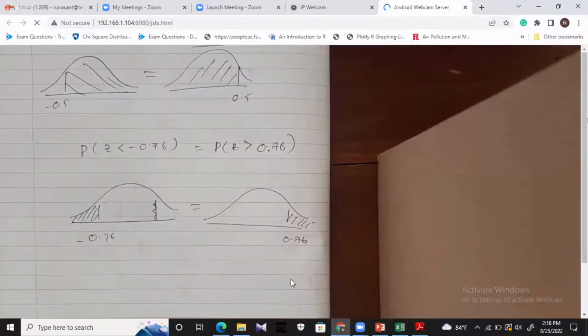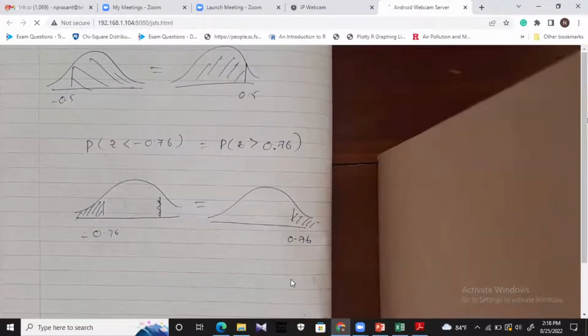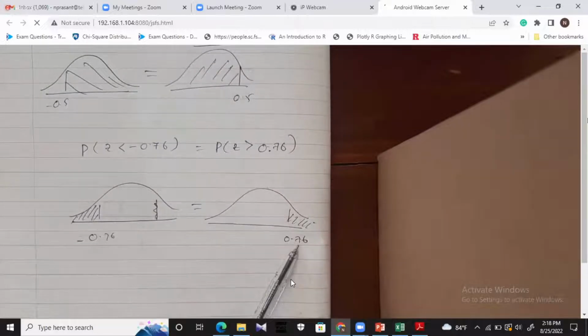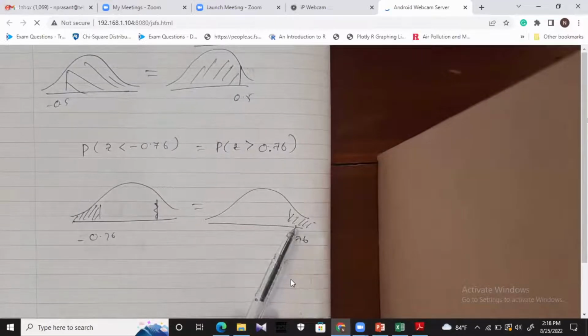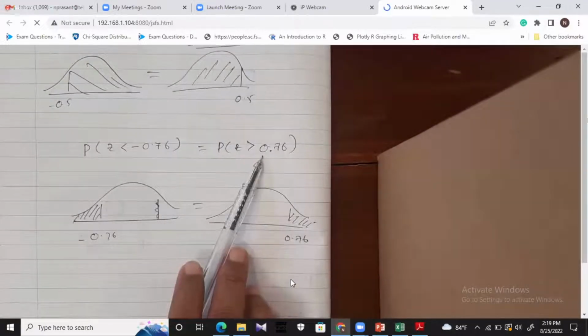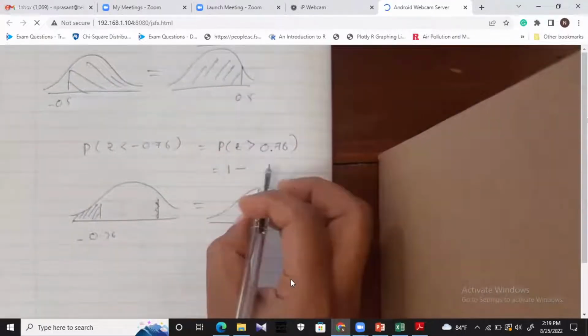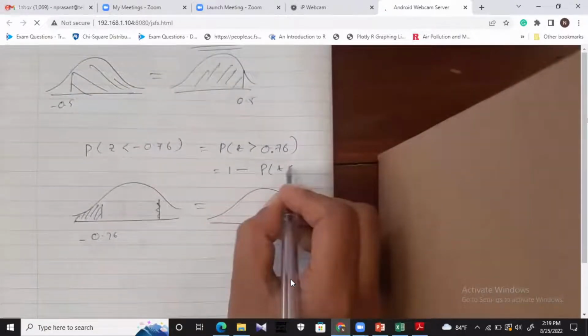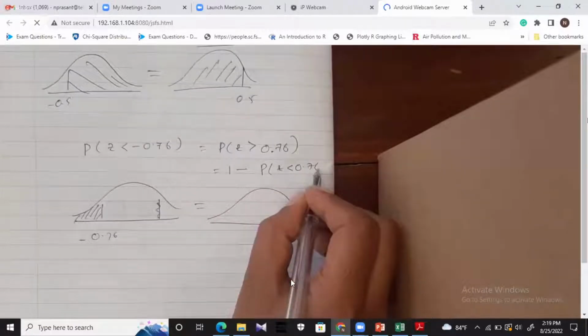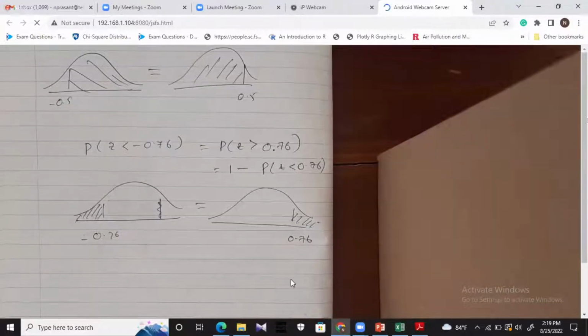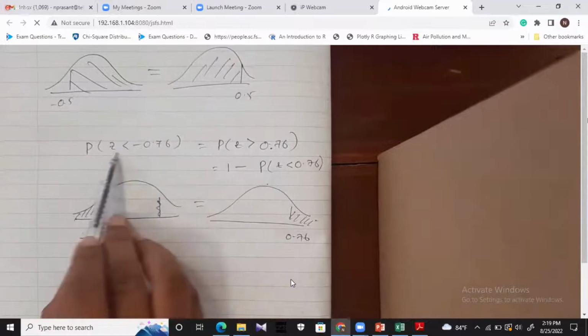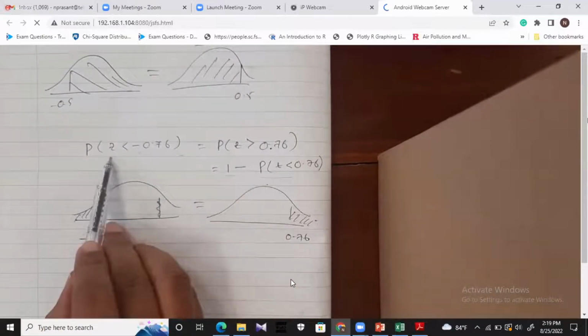Can we read this probability from the table? No, we cannot read this probability directly from the table. Therefore, Z greater than 0.76 is written as 1 minus P of Z less than 0.76. Still it is equal to this, okay?